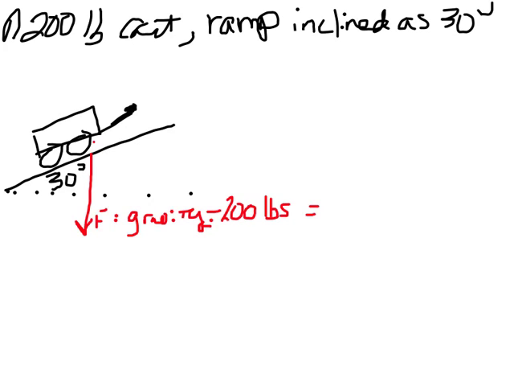Up and down is the j, or y, part of a vector. Writing it as something i plus something j, this is 200j, and since gravity is going downward, it's a negative 200j.